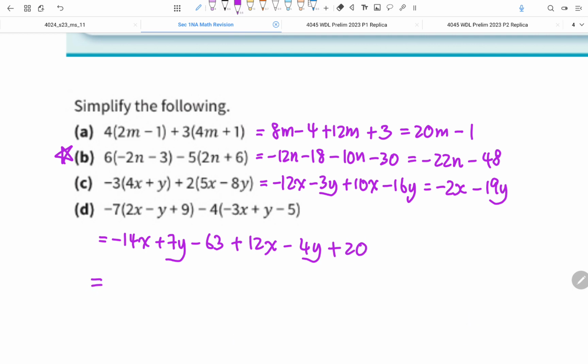Now from here, look carefully. Negative 14x plus 12x, press calculator, you will get a negative 2x. Positive 7y minus 4y is a positive 3y. Please check the calculator. Negative 63 plus 20 is a negative 43, and that's it.